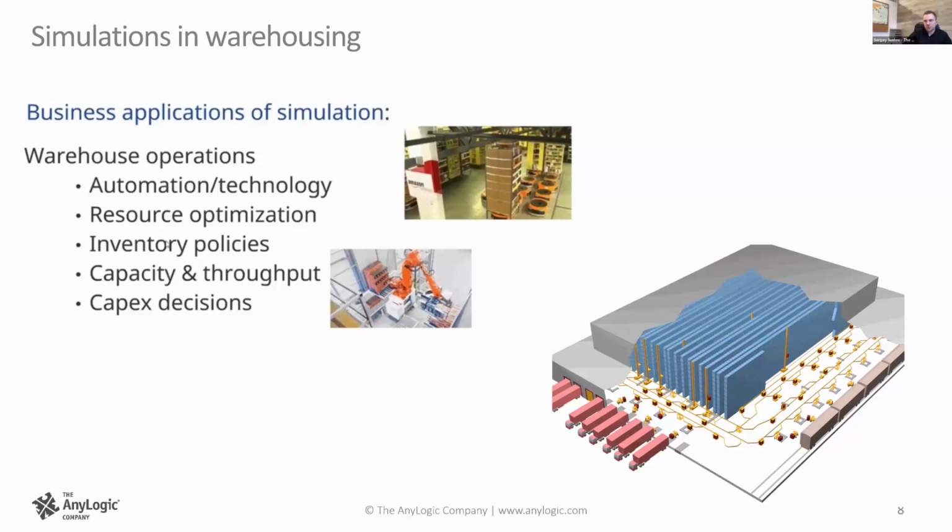Simulation models are used to check different inventory policies or even to optimize them. Capacity and throughput. I have touched on this topic. We often know the throughput, but we don't know the capacity, or vice versa. We know the configuration of our code, but we do not know the maximum throughput it can operate with. And the last is CAPEX decision, capital expenditure. When we invest in something, let's say in automation, we should simulate to understand which ROI we may have.